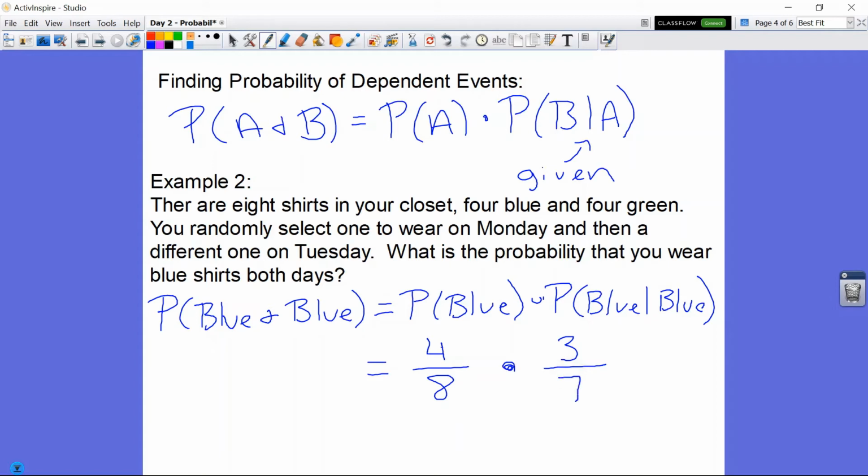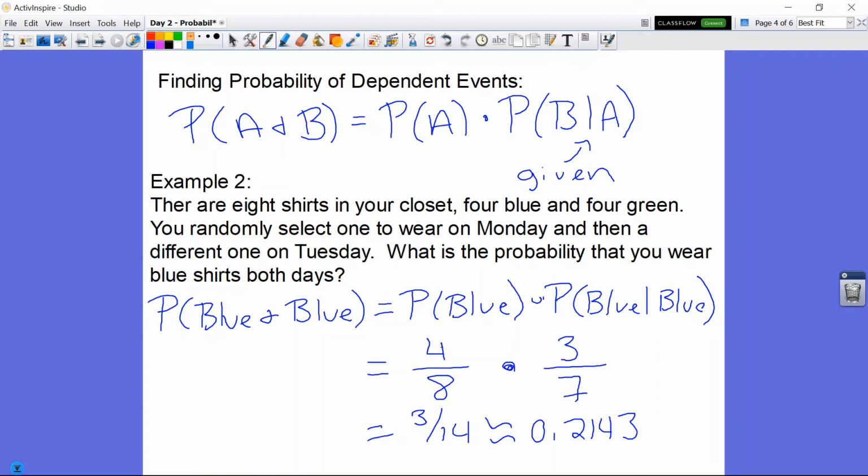There will be 7. So once we get this, we can multiply 4/8 times 3/7 and get a final probability of 3/14, or 0.2143, depending on how the question is phrased.